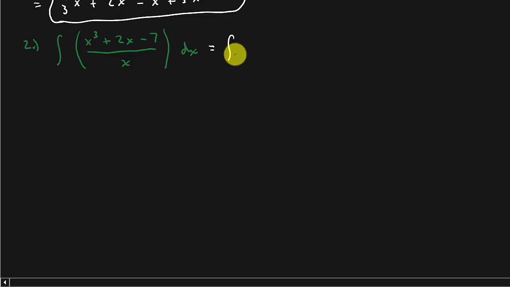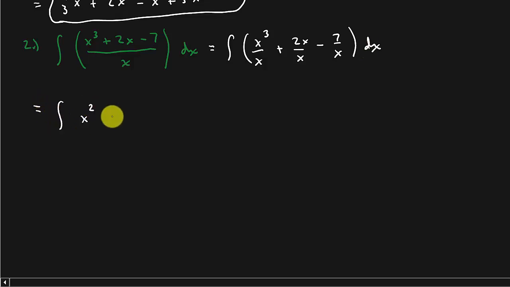So if I rewrite this, I can write this as x cubed over x plus 2x over x minus 7 over x dx. I can split the fraction up, right? And so this would give me x squared plus 2 minus 7 over x dx.